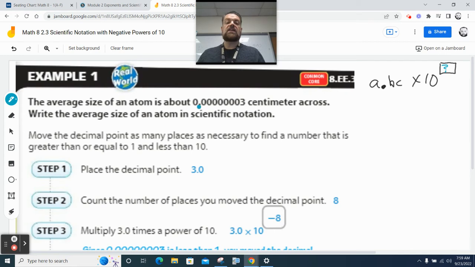So if I look at this, and I want you to write this in your books, I go 1, 2, 3, 4, 5, 6, 7, 8. So what I want to do is make it look like 3.0, okay? Now, in order to do that, I had to move my decimal place 8 spaces.